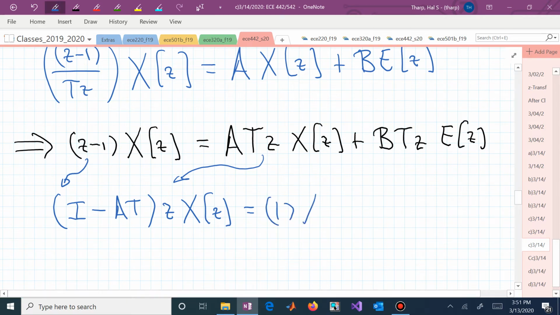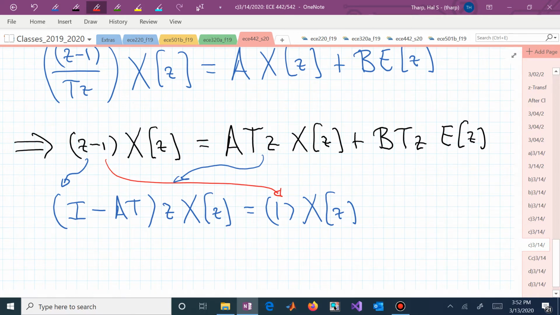1 times X of z, that's this term, and since it was a minus on the left hand side, if we add capital X of z to both sides, it comes over with a plus 1 X of z, and we could write that as an identity.